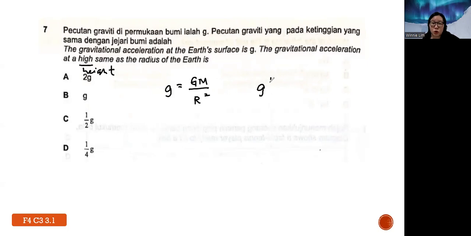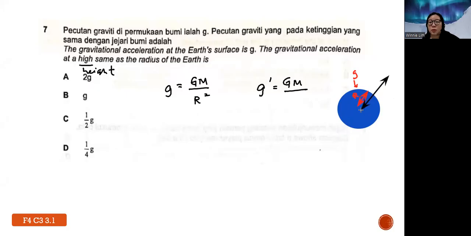I assume this is g prime. When this becomes g prime, G doesn't change, M doesn't change, but you have a change in the distance. If you see the diagram, it's easier to capture this idea. The first g is between here to here. Then the object is subjected to the radius of r, and you get g. So what if now your r is doubled, meaning the height is also r.